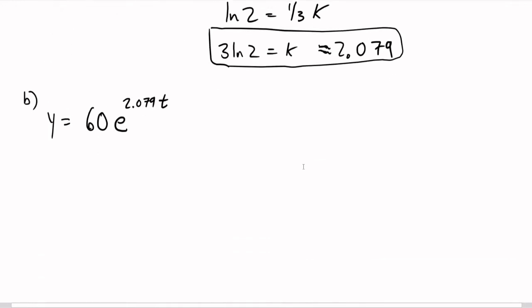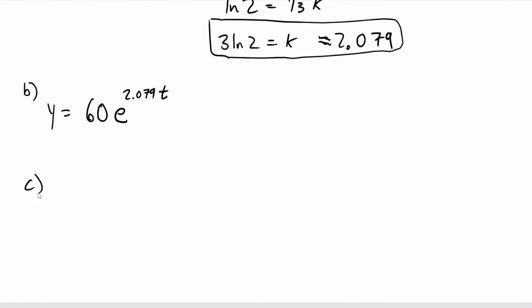Okay. Find the number of cells after 8 hours. Well, that's not too bad. 60 e to the 2.079 times 8 hours. So we can plug that into our calculator. 60 times e to the 2.079 times 8.